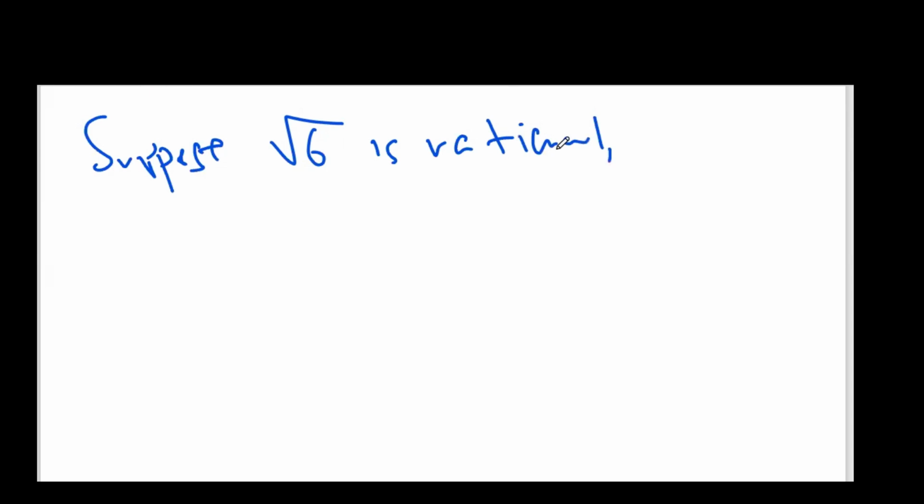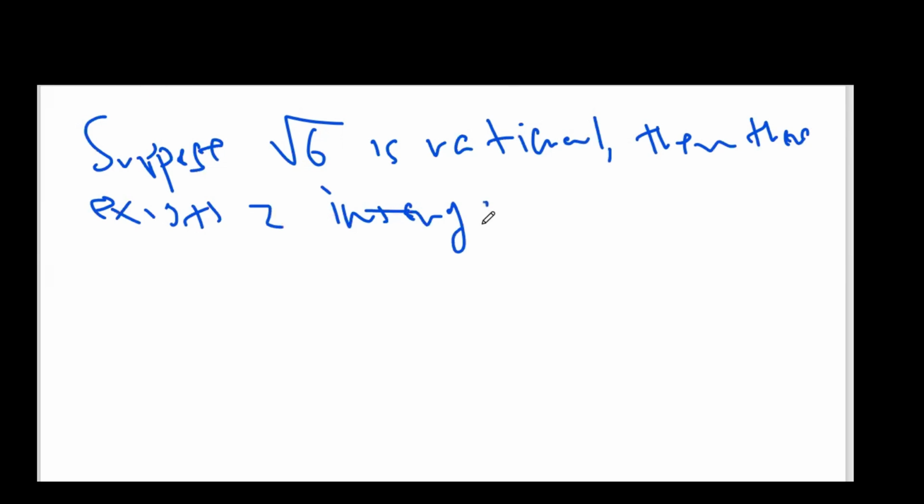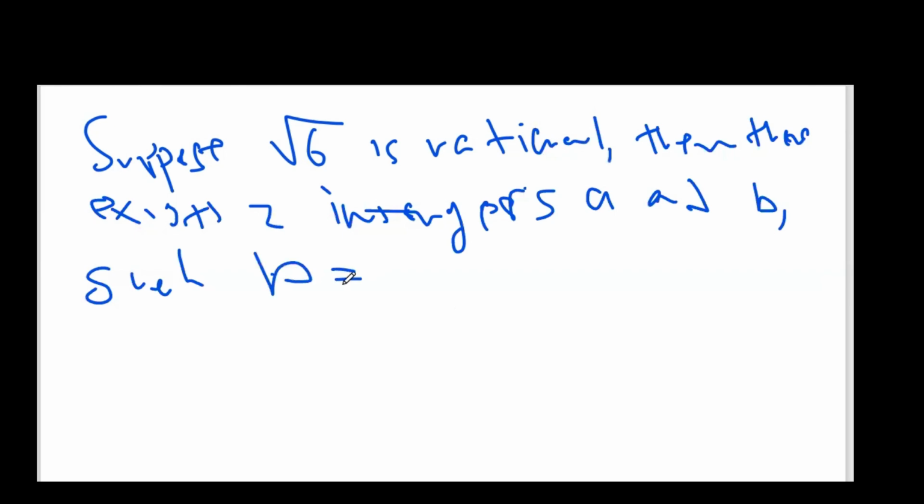Okay, so if this number is rational, then there exist two integers, a and b, such that b is not equal to 0, and a over b is in lowest terms, right?